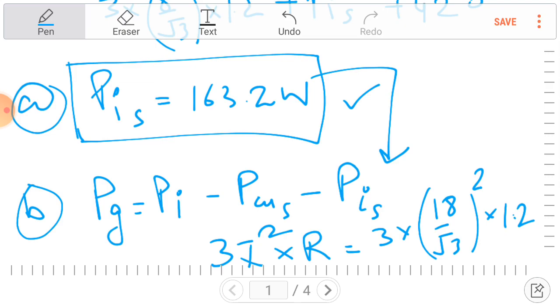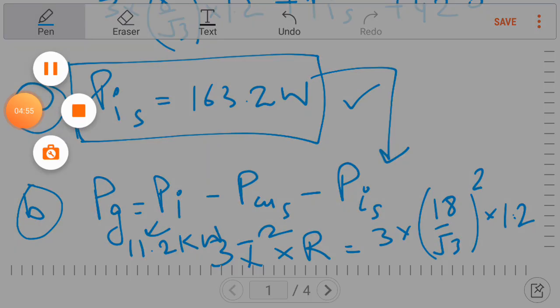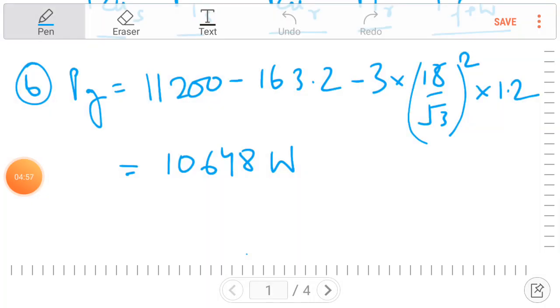So from here we can find the air gap power, and Pi is 11.2 kilowatt. It is given in the problem. After solving we can find the air gap power. So the answer will be 10,648 watt.